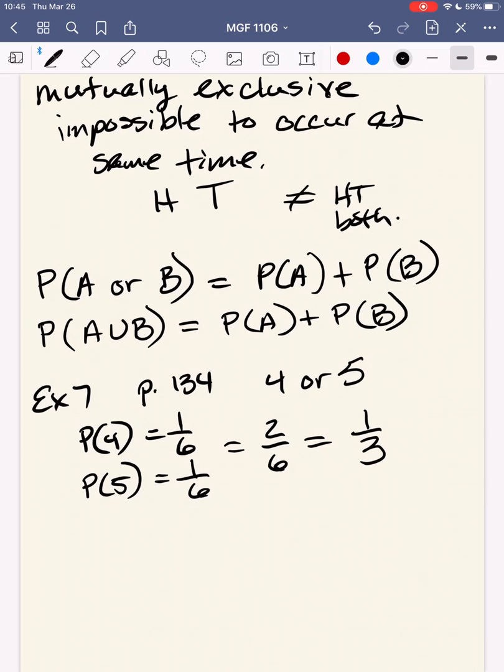Now if we want to look at the same idea, but the events are not mutually exclusive, these are AND events, and A and B are not exclusive events. These are a little trickier.